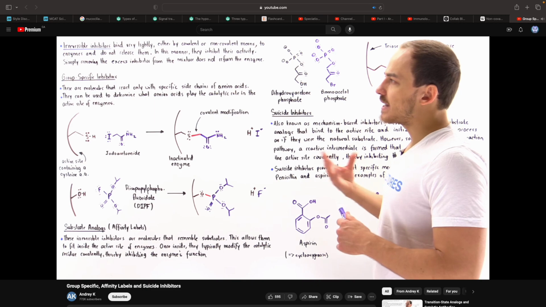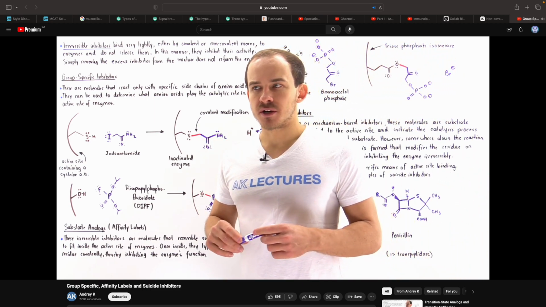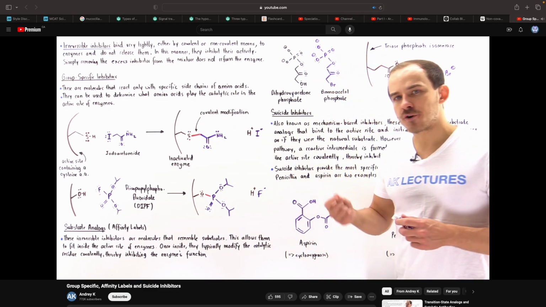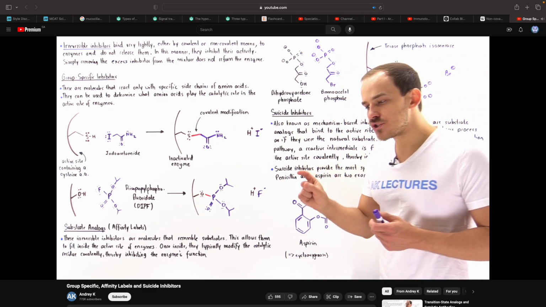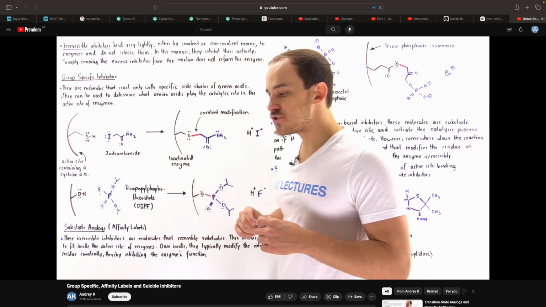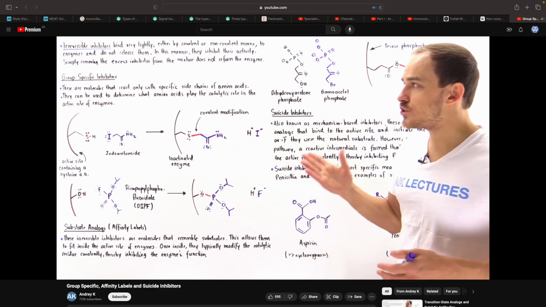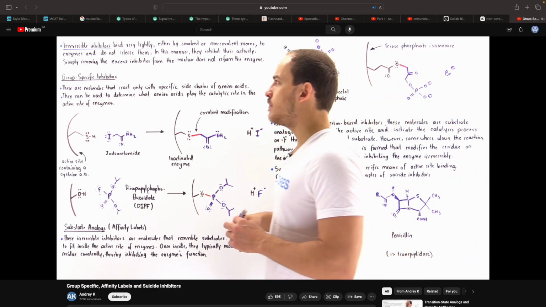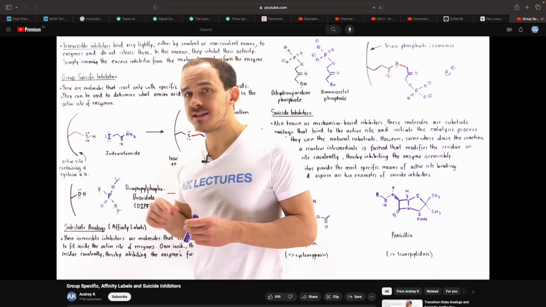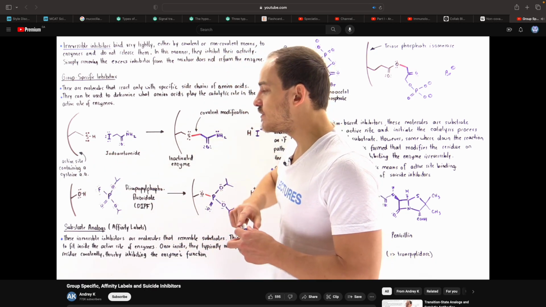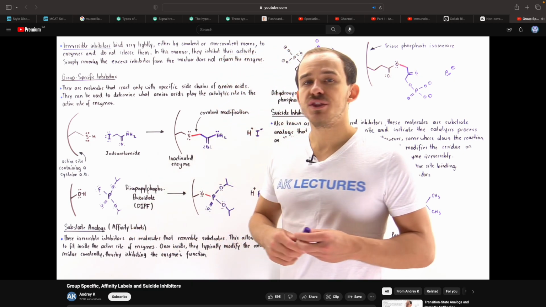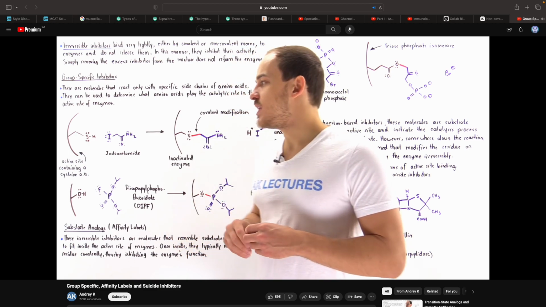So let's begin by discussing the group-specific inhibitor. The group-specific inhibitor is an irreversible inhibitor that binds to and reacts with specific side chain groups of amino acids. For instance, on the board, we have two examples. We have iodoacetamide that reacts with cysteine side chains, and we also have diisopropyl phosphofluoridate, or simply DIPF, that reacts with serine amino acids.